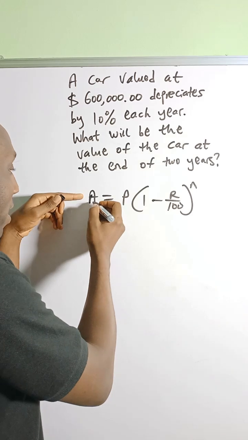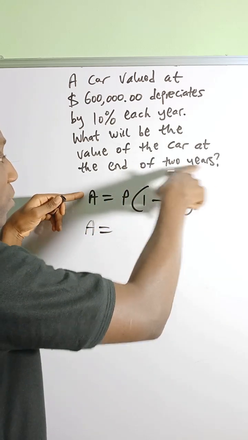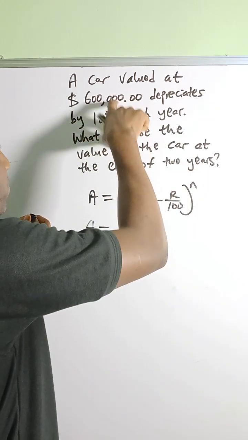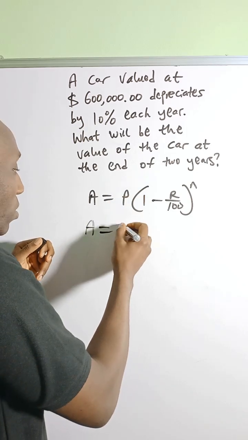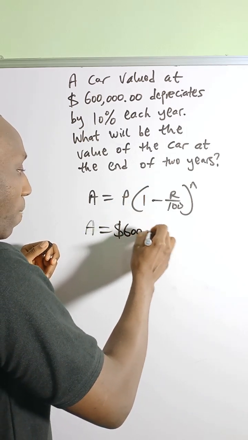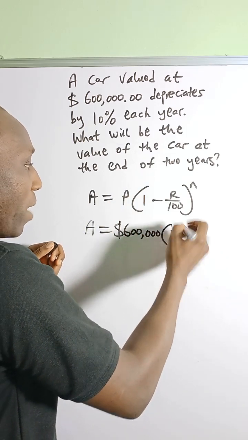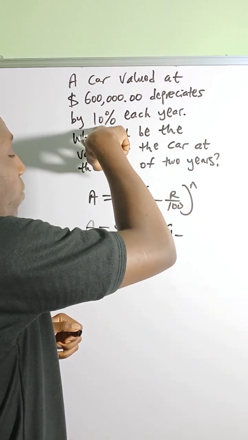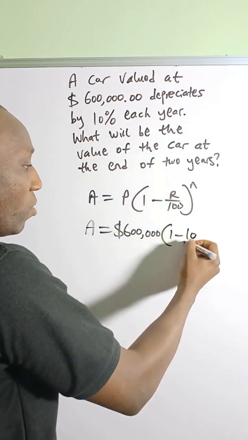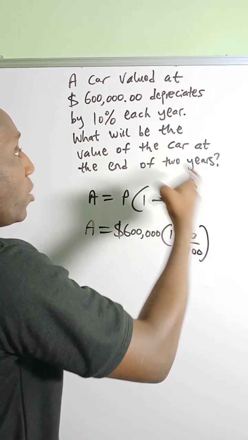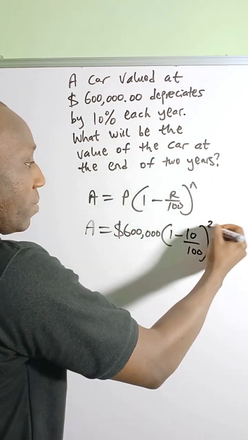So let's do this now. A is going to be the amount at the end of 2 years. P is the initial value here, so that's $600,000. Then 1 minus. R here is the rate of depreciation, that's 10, so 10 over 100. And here, number of years, 2 years.